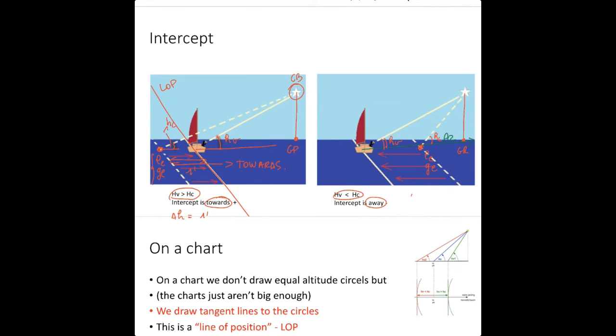Again, if you have a delta H, which is the intercept, let's say 2 miles or 2 minutes, then the intercept should be marked on the azimuth line, on the true bearing, away, in the direction contrary to your true bearing. The distance is 2 miles, and then you find here your line of position. Okay, voila.